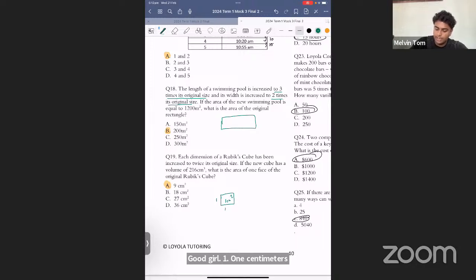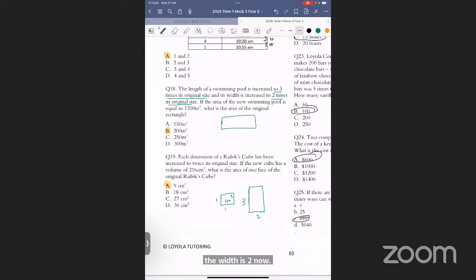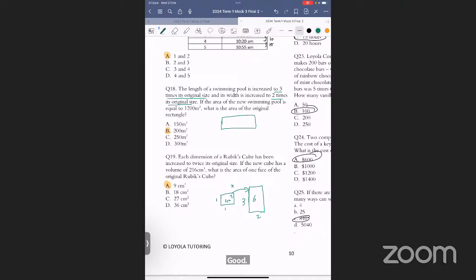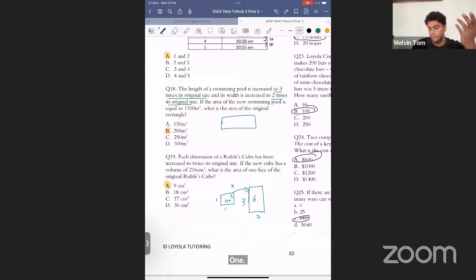Now the question says the length was 3 times the original size, so the length is 3, and the width is 2 times, so the width is 2. What's the area of this new swimming pool? 6. So it increased by a factor of what, Kate? It went from 1 to 6, so it increased by a factor of?